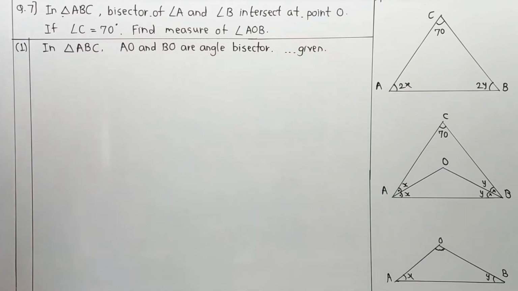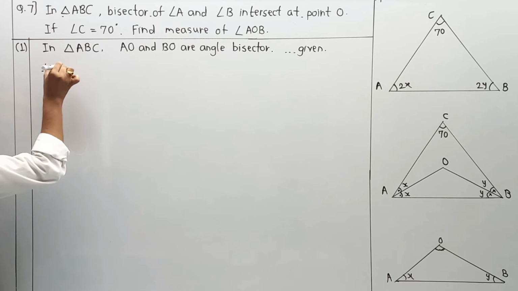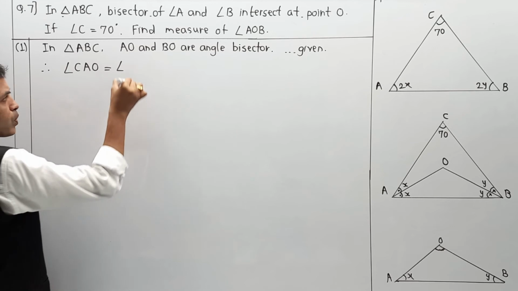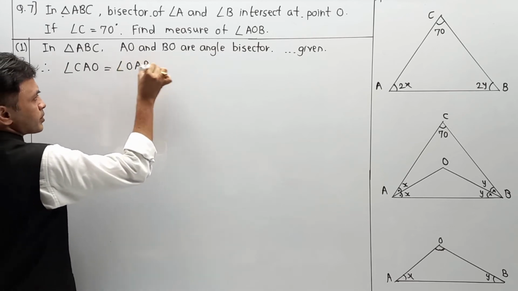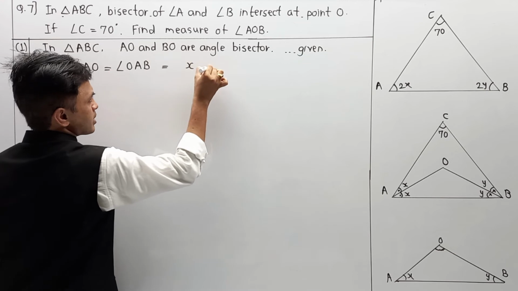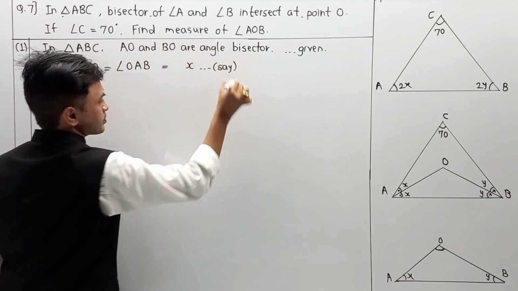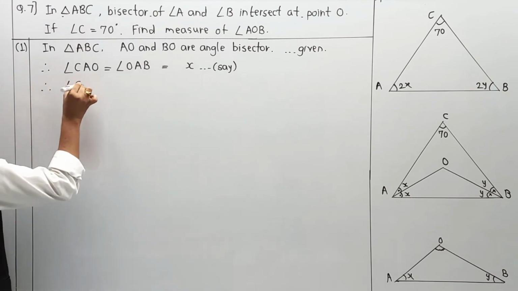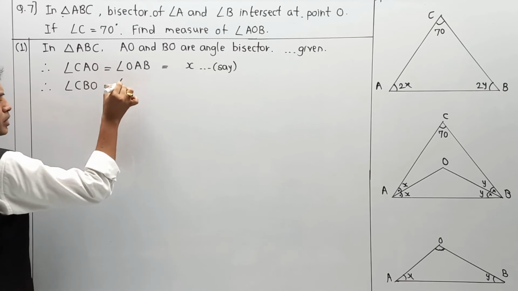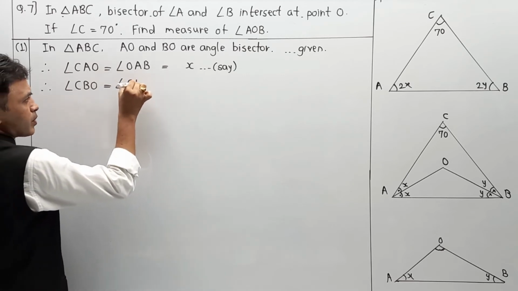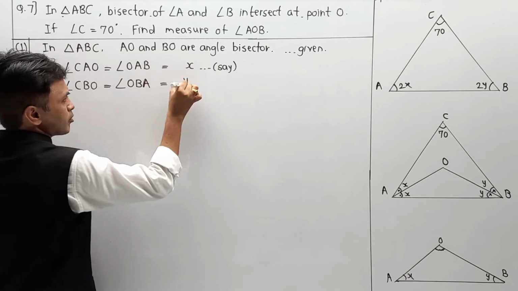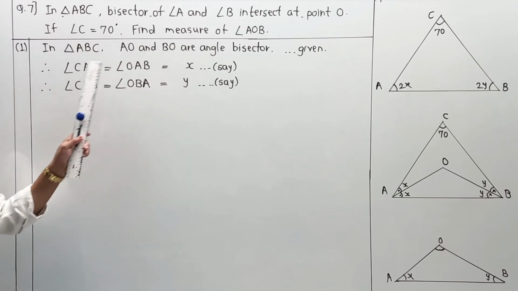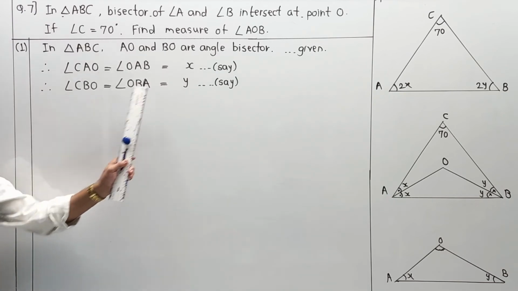Therefore, as per the diagram, angle CAO is equal to angle OAB is equal to x. Next, angle CBO is equal to angle OBA is equal to y. We assume it as x, x and y, y over there.